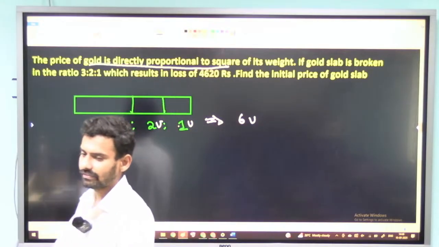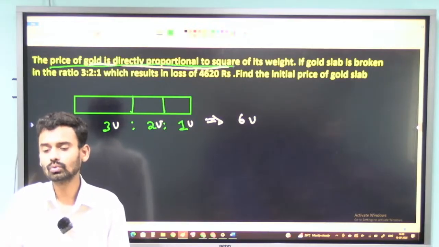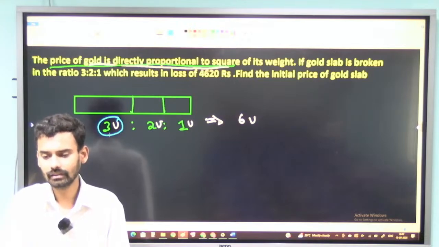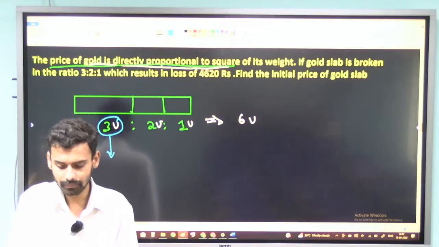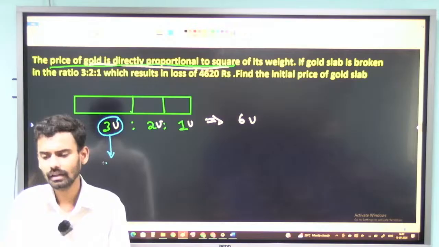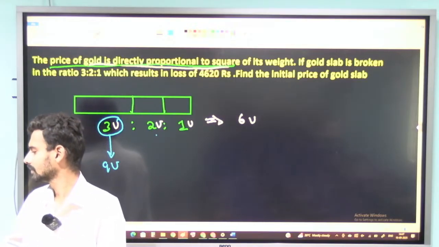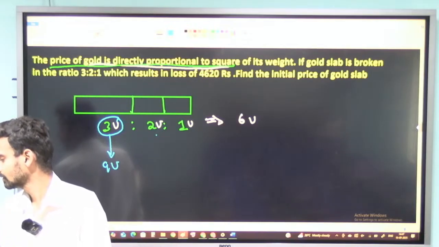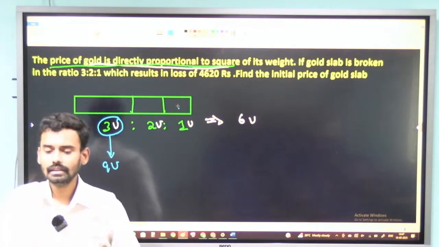Now if I consider the statement that the price is directly proportional to the square of its weight, the square of 3 will be 9. So the price for the first smaller slab, which has 3 units of weight, will be 9 units.